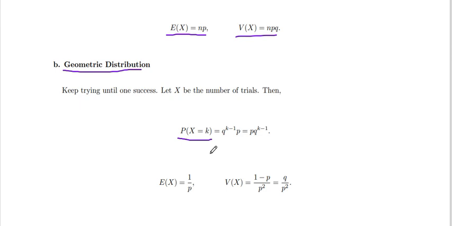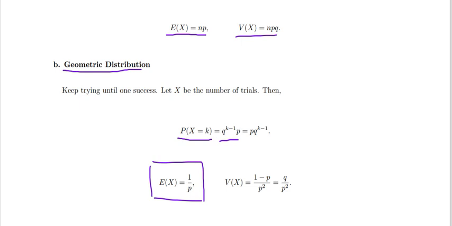For the geometric distribution, P(X = k) means you need k shots: you fail k minus 1 times, then the last one you hit the target. So this equals q to the power k minus 1, times p. The expectation EX is the average number of shots you need to hit the target.